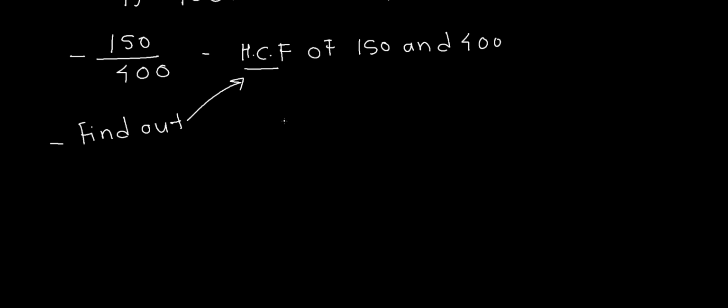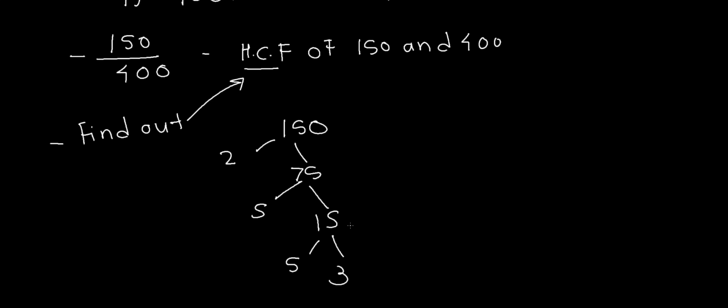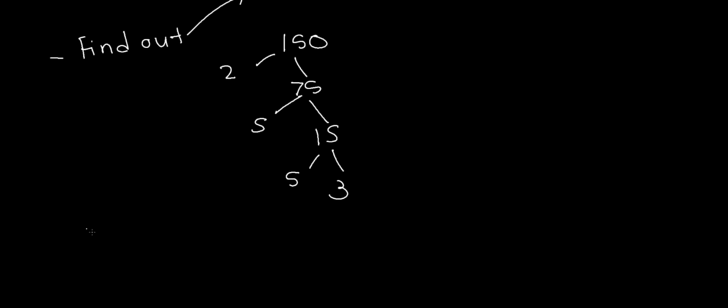So we will use the prime factorization way. 2 7s are 14, 2 75s are 150, then 15 5s are 75, and 3 5s are 15. So this will come as 2 into 5 into 5 into 3.